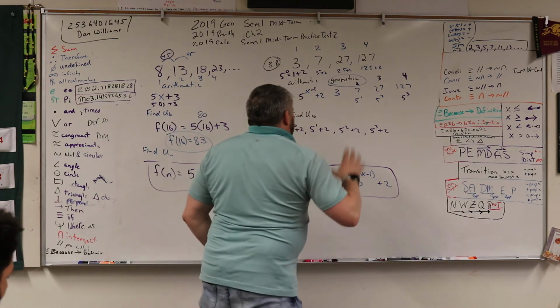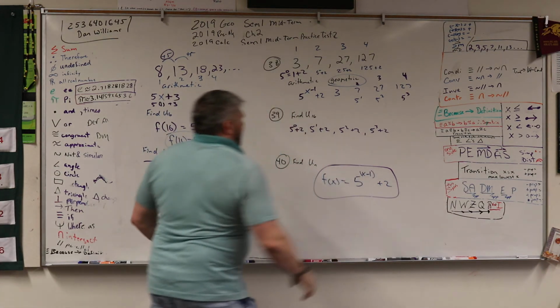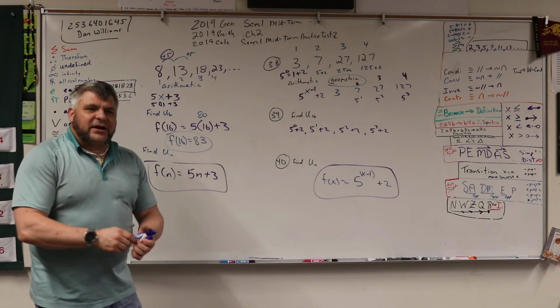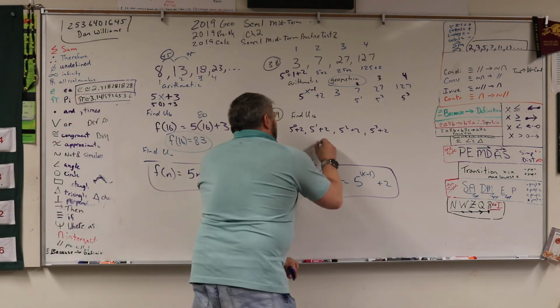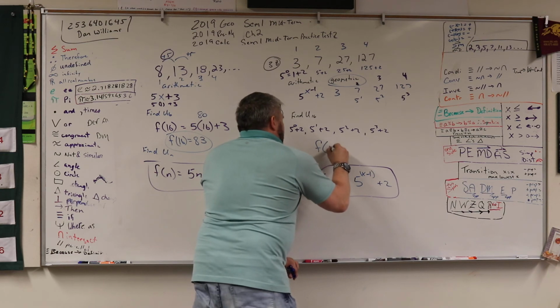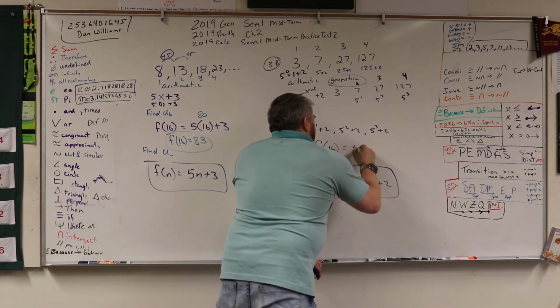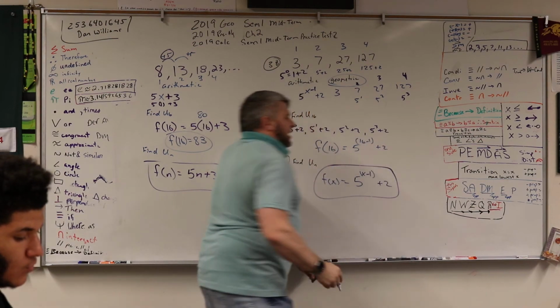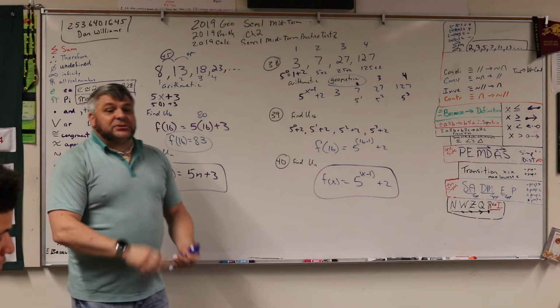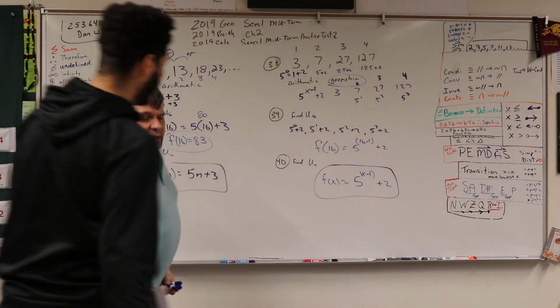So if that's the case, then all I have to do to figure out the formula is plug in f of 16 equals 5 to the 16 minus 1, plus 2. And then when you do that, it's a really, really big number.